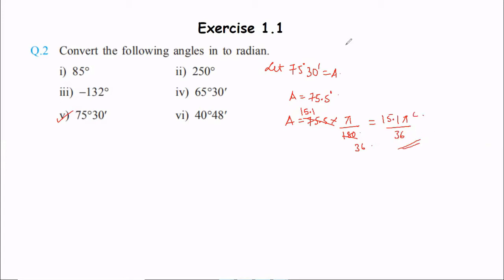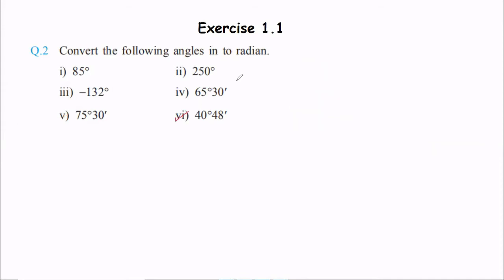Now going to the sixth question, the last question of question number 2. So let A is equal to 40 degrees 48 minutes. Again, we will apply the unitary method to get the x component of 48 minutes. So 1 degree is equal to 60 minutes. So x degrees will be equal to 48 minutes.